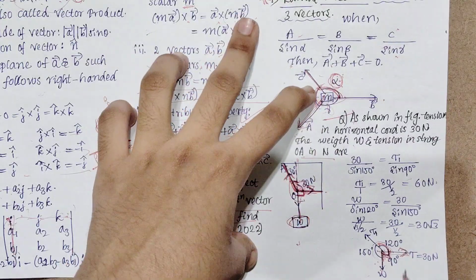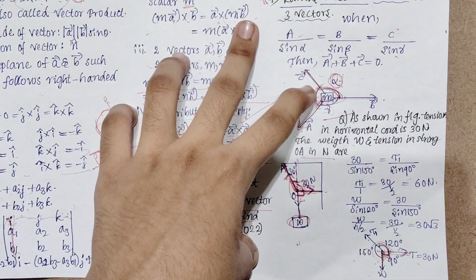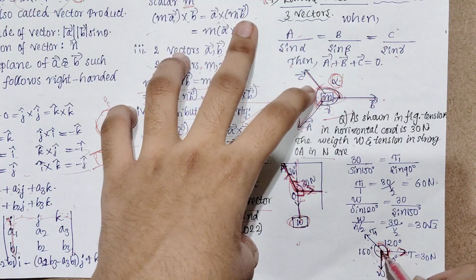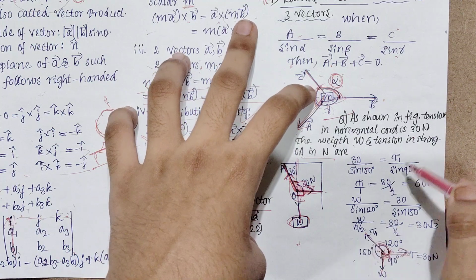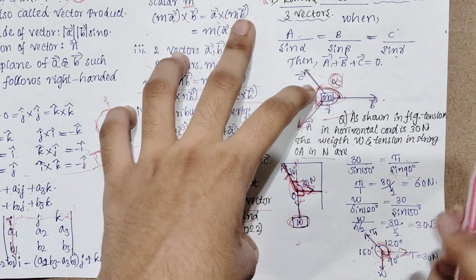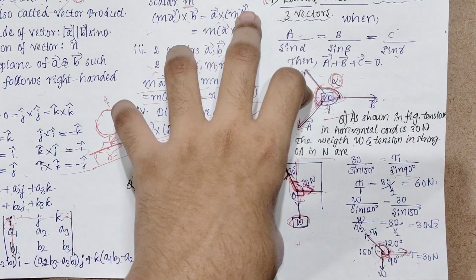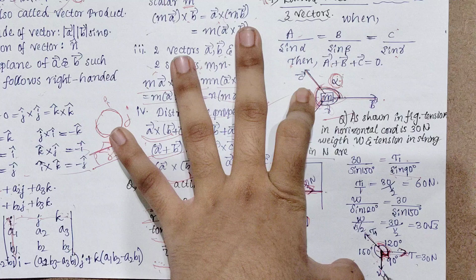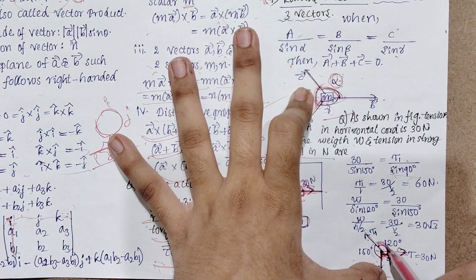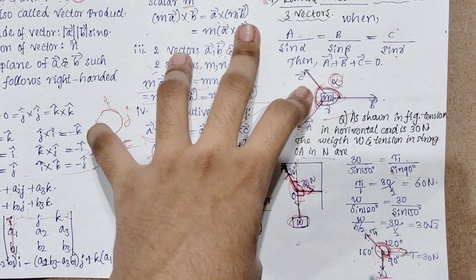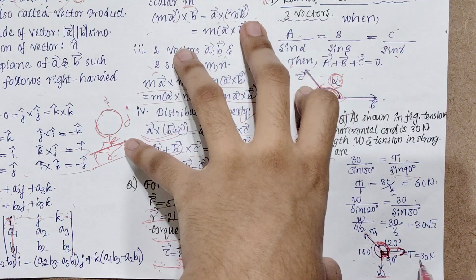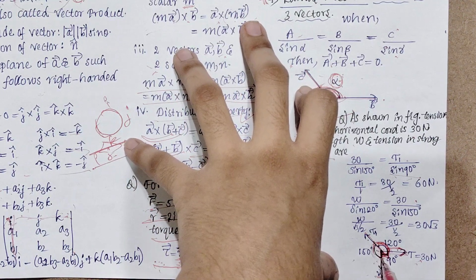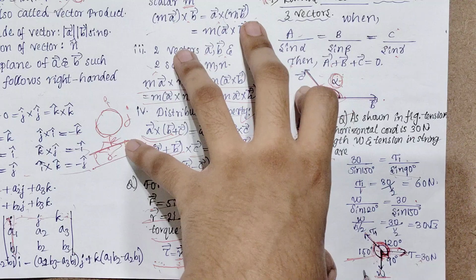So here 30 by sine 150 is equal to T1 by sine 90, since the angle opposite to T1 is 90 degrees, right? By this we get the value of T1. Again applying Lami's theorem, W by sine 120, the angle opposite to W being 120, is equal to 30 by sine 150, the angle opposite to 30 being 150.